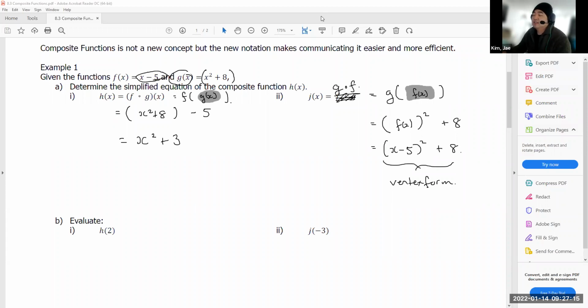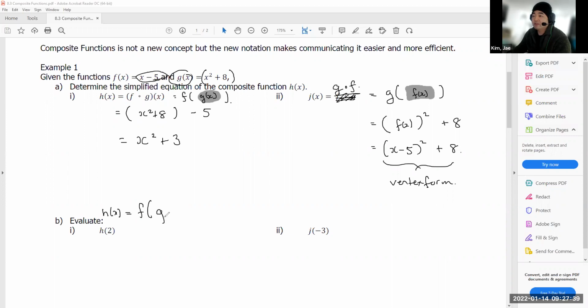So if that is the case, I am going to see how h of 2 and j of -3 play out. Please note that the substitution principle still applies, right? Remember, h of x means all the component functions inside are also going to have x equals 2. What do I mean by that?